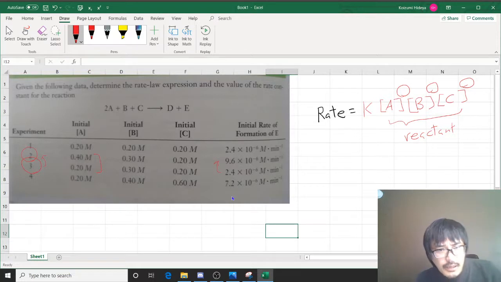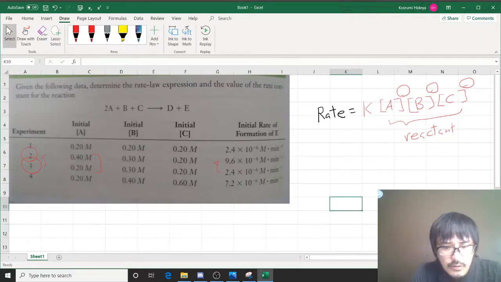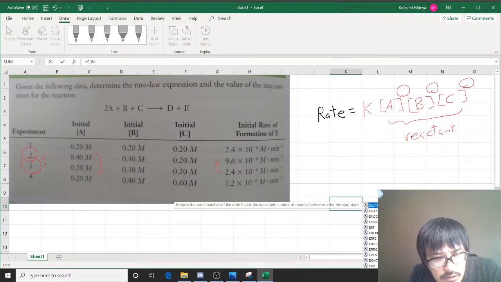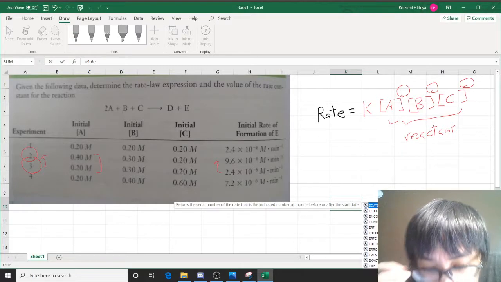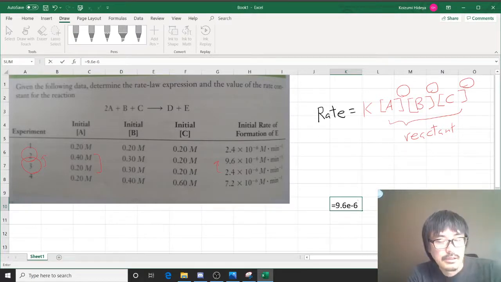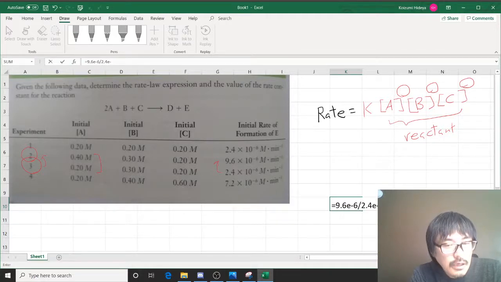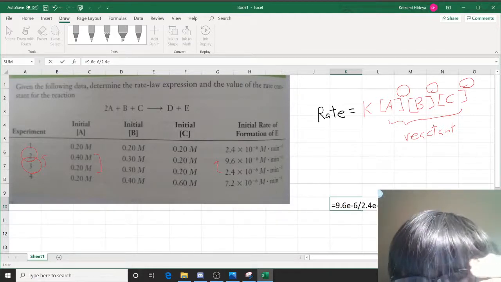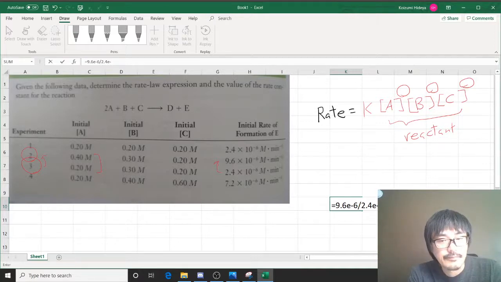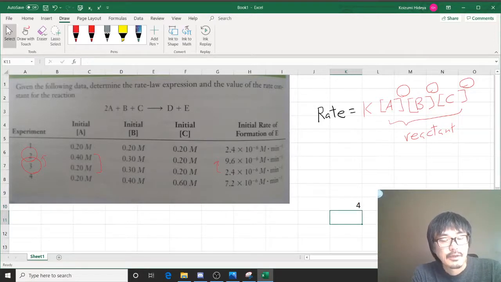2.4 and 9.6: 9.6 e to the negative 6 divided by 2.4 e to the negative 6. So that is 4 times.